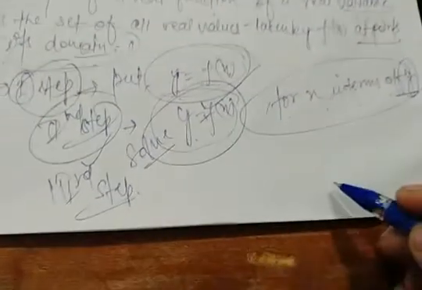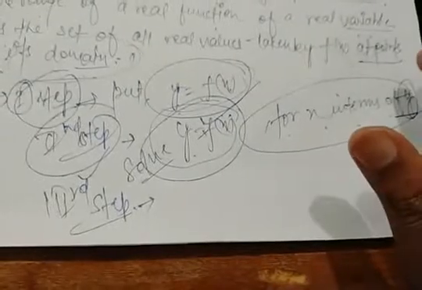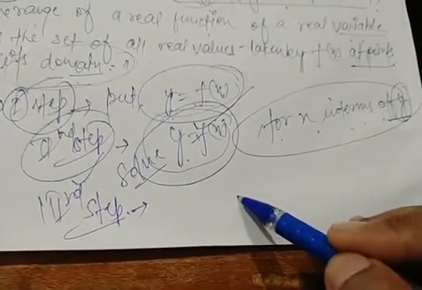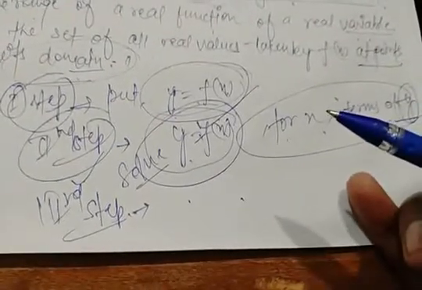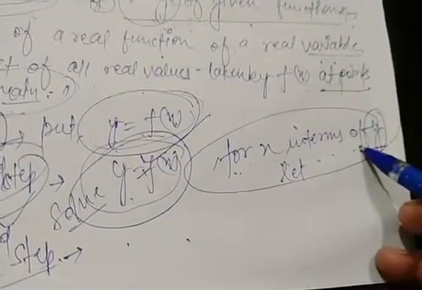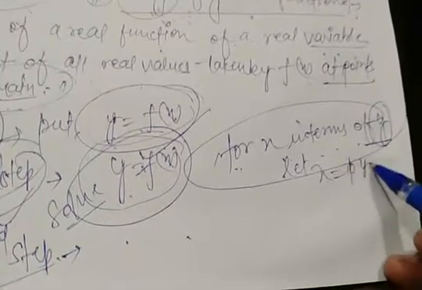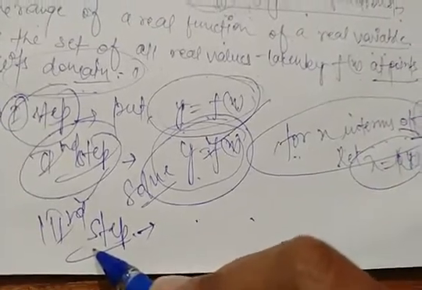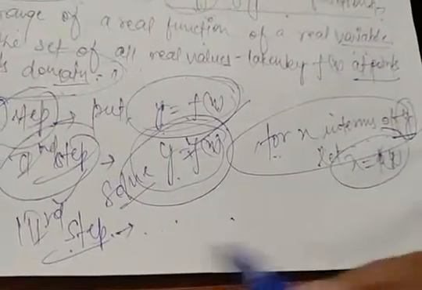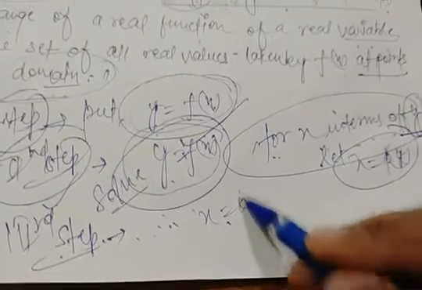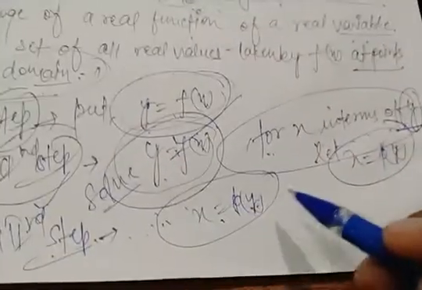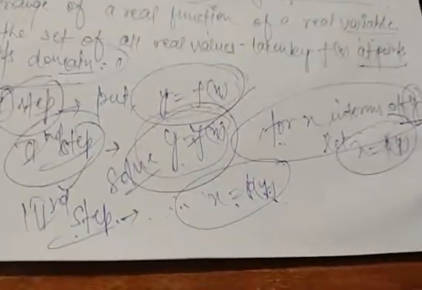In the third step, find the values of y for which the values of x obtained from, say, x equal to 5y are real and in the domain of f.